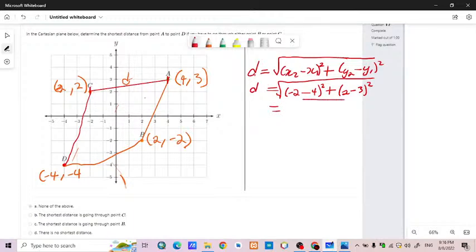Oh man, this tablet is misbehaving right now. Okay, I don't have a calculator. Let me find my calculator.